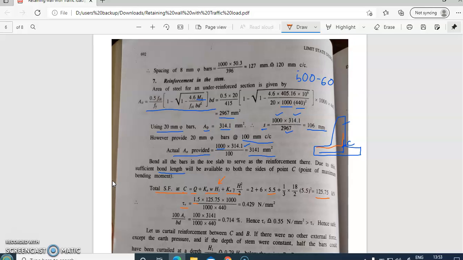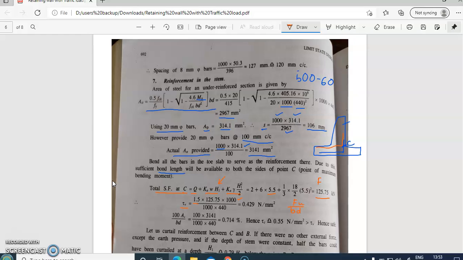To convert it into newton, we multiplied by 1000 divided by B into D. Okay, so the formula is nothing but force upon B into D. So it is actually Fu. 125.75 what we had calculated was F. Okay, so to convert it into a factored load Fu, we multiplied by 1.5.